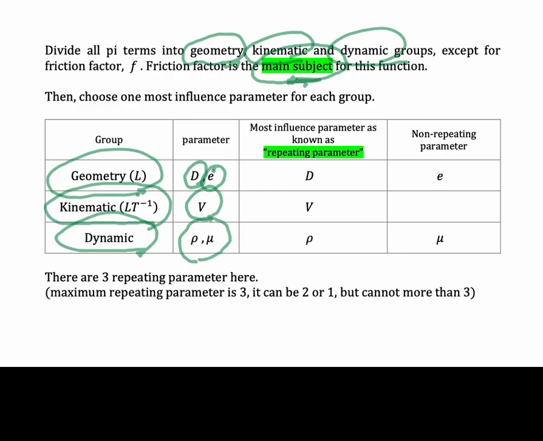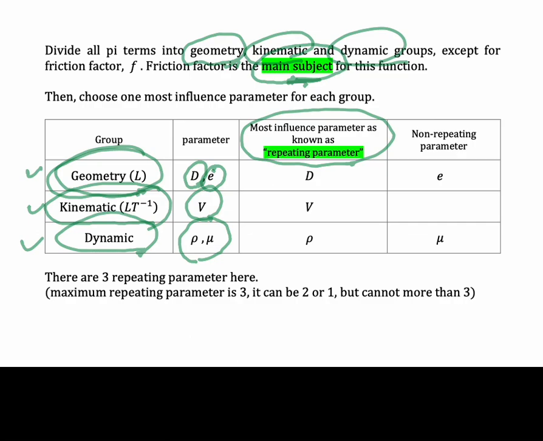From these three groups, we need to determine the repeating parameter. What is the repeating parameter? The repeating parameter is the most influential parameter in each group. For example, in geometry here, we have two parameters, the diameter and the roughness. One of them must be the repeating parameter.